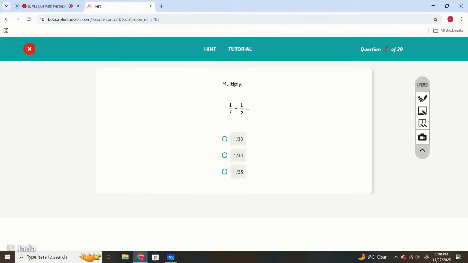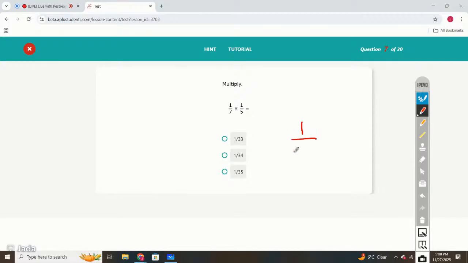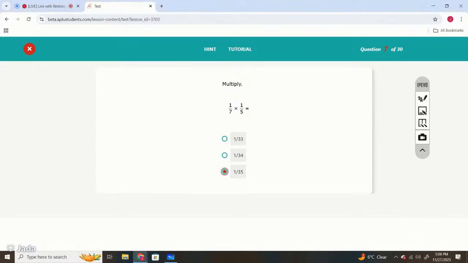Multiply 1 by 7 times 1 by 5. 1 times 1 is 1 and 7 times 5 is 35. That is 1 by 35. Option number 3 is the correct option.